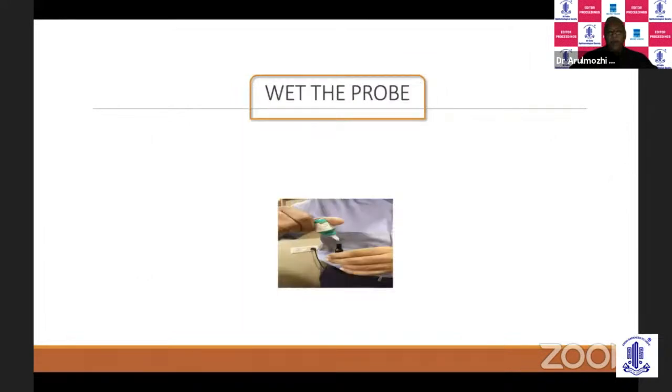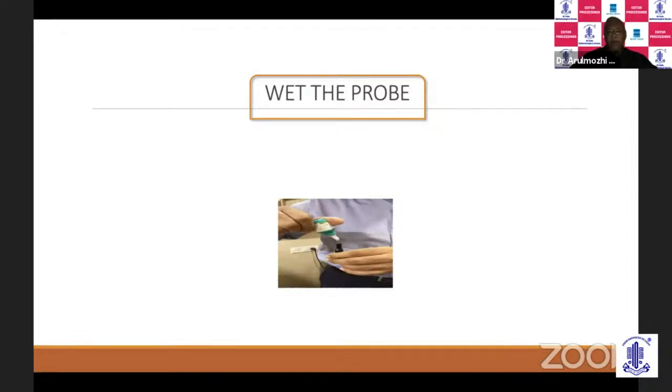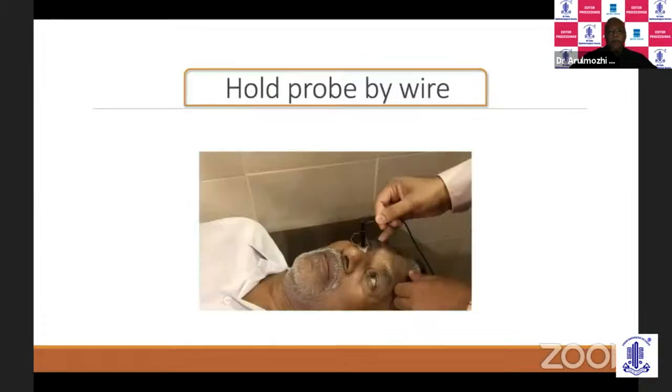Remember to wet the probe and place it very gently so that you have a proper wet surface without having to press on the cornea. Place just the same lubricating drops, or better still, the lignocaine drops that you're using to anesthetize the cornea.